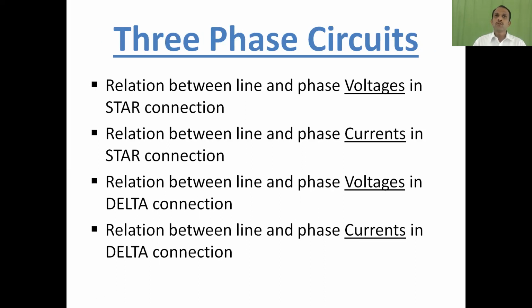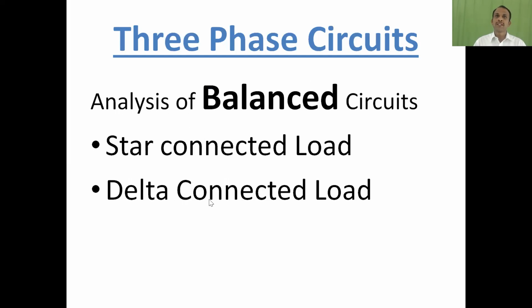We are going to derive a few equations from the phasor diagrams: the relationship between line voltage and phase voltage for star connection, line current and phase current for star connection, line voltage and phase voltage for delta connection, and line current and phase current for delta connection. These derivations play an important role in analyzing the problems of three-phase circuits.